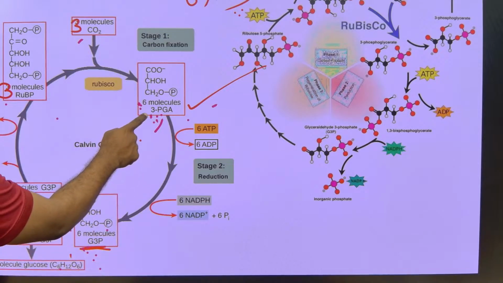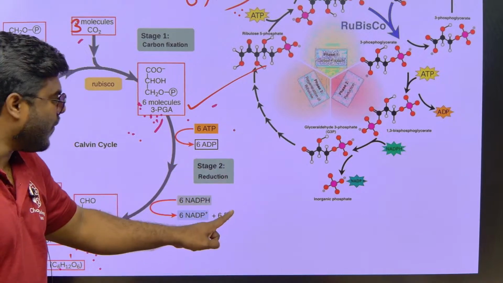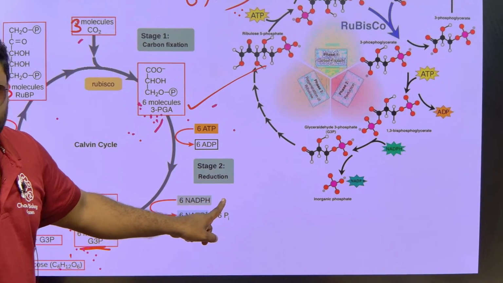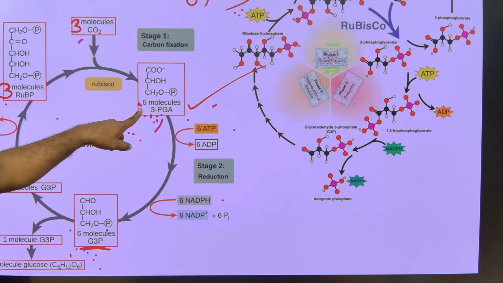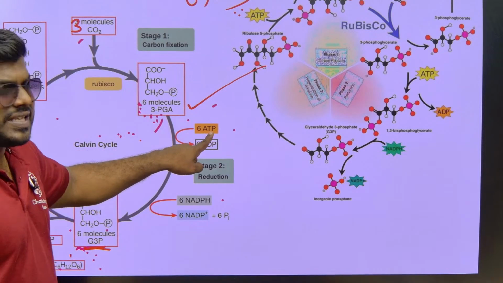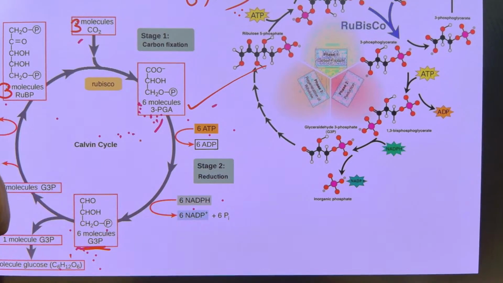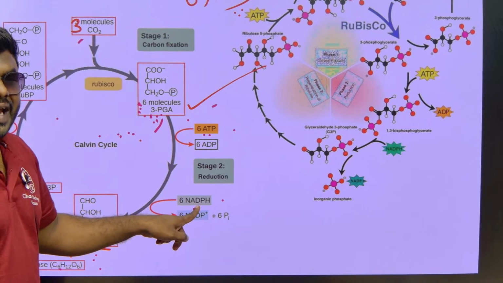In order to reduce one molecule of 3-PGA into G3P, we require 1 ATP and 1 NADPH. So how many G3P are there? 6. So in order to reduce 6 molecules of 3-PGA into 6 molecules of G3P, we require 6 ATP and 6 NADPH. The plant struggled a lot in the light reactions and produced ATP and NADPH.